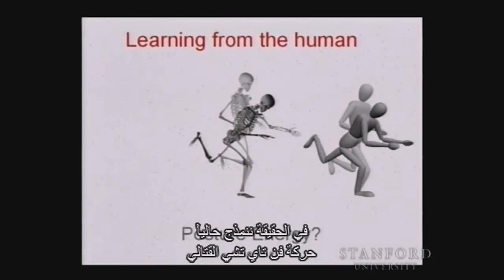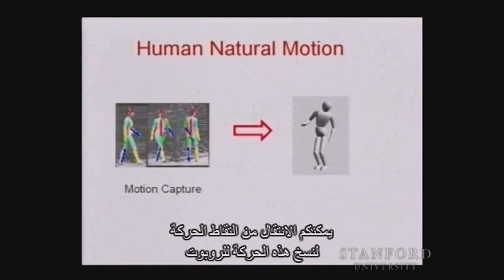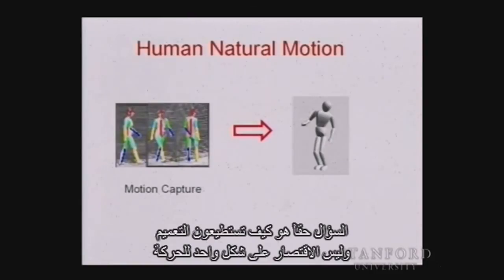In fact, currently we are modeling Tai Chi motion and trying to analyze and learn from those motions. So you can go from motion capture to copying that motion to the robot, but in fact you will end up with just one example of motion. But the question really is how you can generalize, not just have one specific motion.